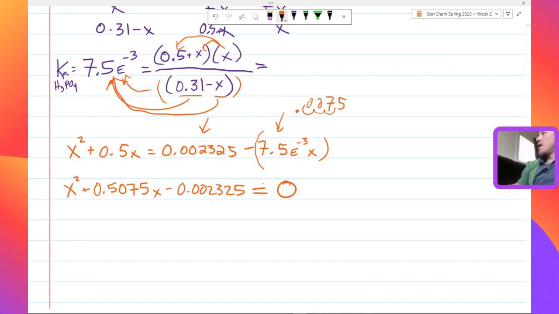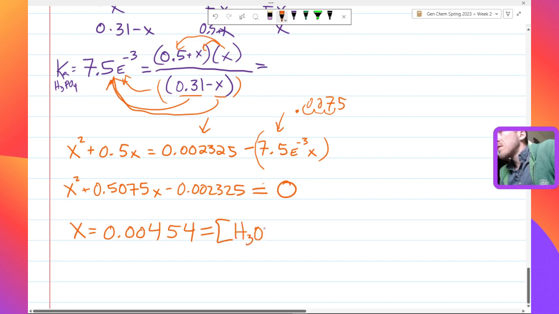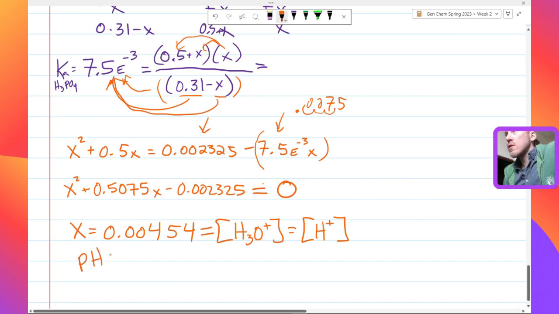You rock that, and you get that x equals 0.00454. That's actually a very large concentration of hydronium ions. And of course, we consider that to be interchangeable with just the concentration of protons. And pH, of course, is the negative log of the concentration of protons.